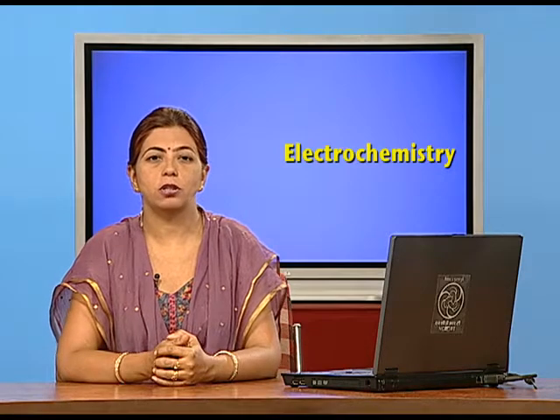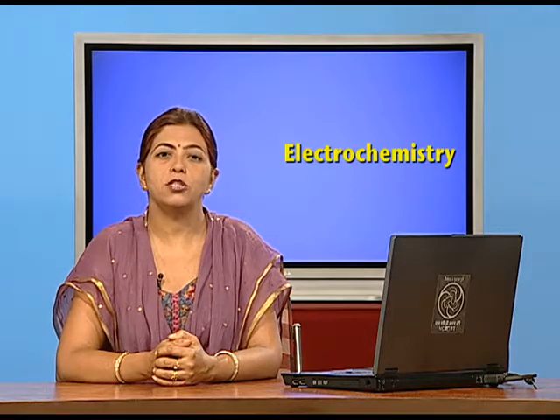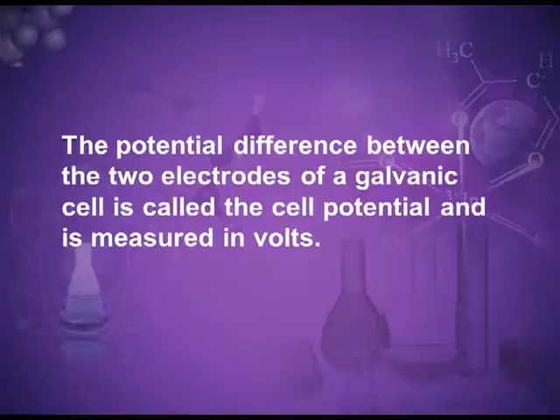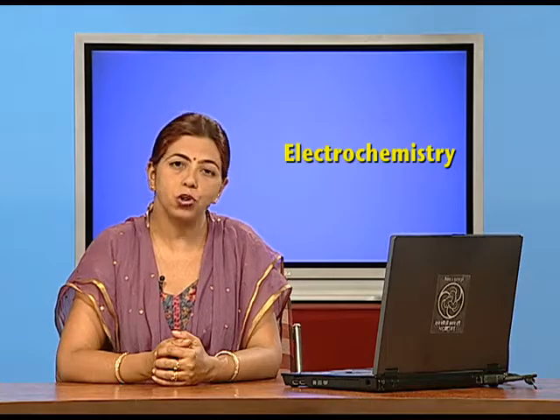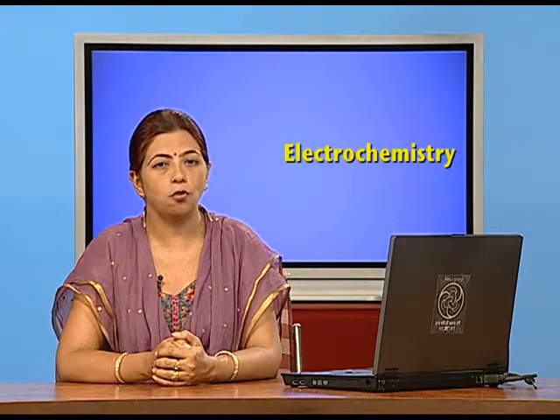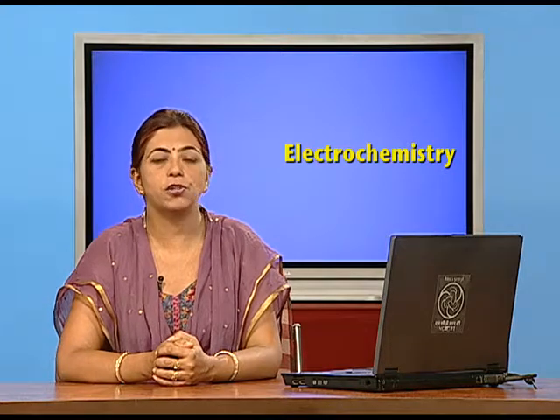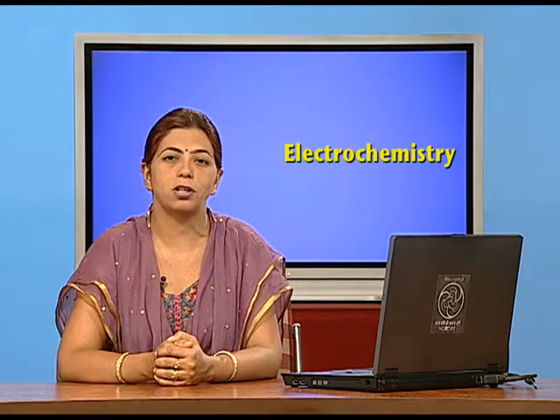Cell potential. Cell potential is the potential difference between the two half cells of the galvanic cell. The unit of the cell potential is volts and the apparatus which we use to measure the cell potential is a voltmeter. Now how to measure this electrode potential? What formula will we use to calculate it?